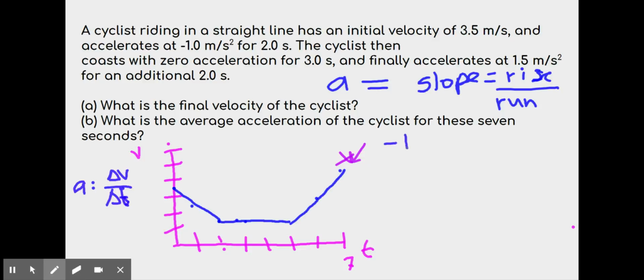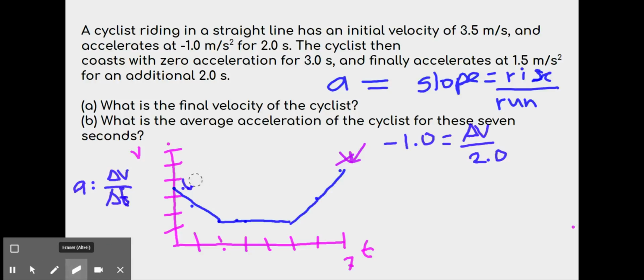So we see negative 1.0 equals the velocity over 2 seconds. So your velocity for this section is V equals negative 2.0 meters per second. This is so very difficult to write on, and I am apologizing a lot for that.